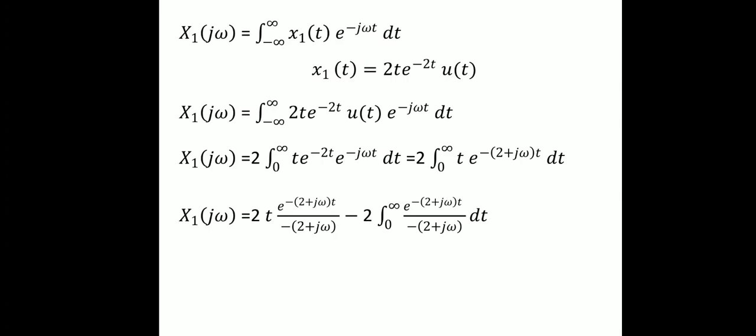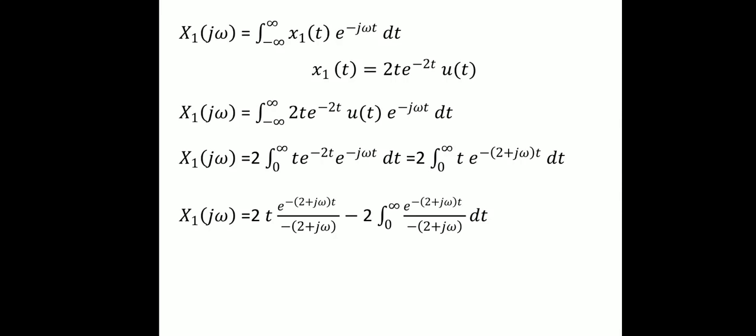The first function, that is t, times the integration of the second, e power ax by a, that is e power minus (2 plus j omega) t divided by minus (2 plus j omega), minus 2 times the integral of the integration of the second function, e power minus (2 plus j omega) t divided by minus (2 plus j omega), into the differentiation of the first, d by dt of t, which is equal to 1.